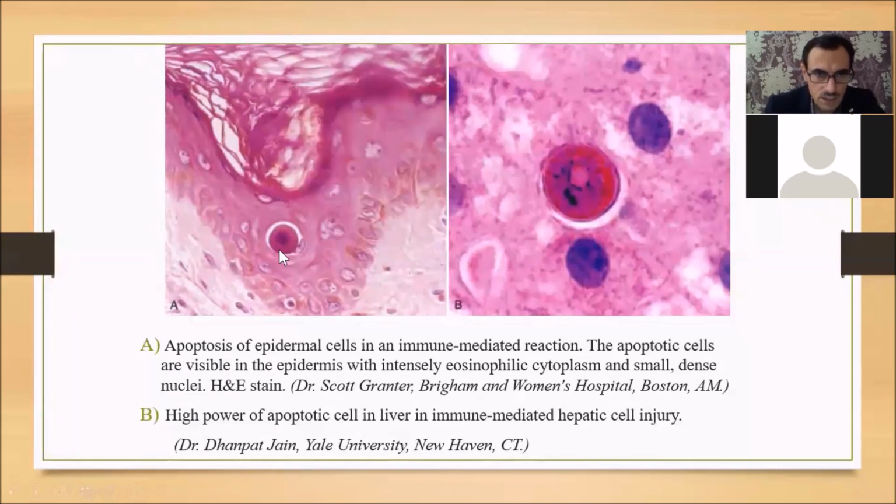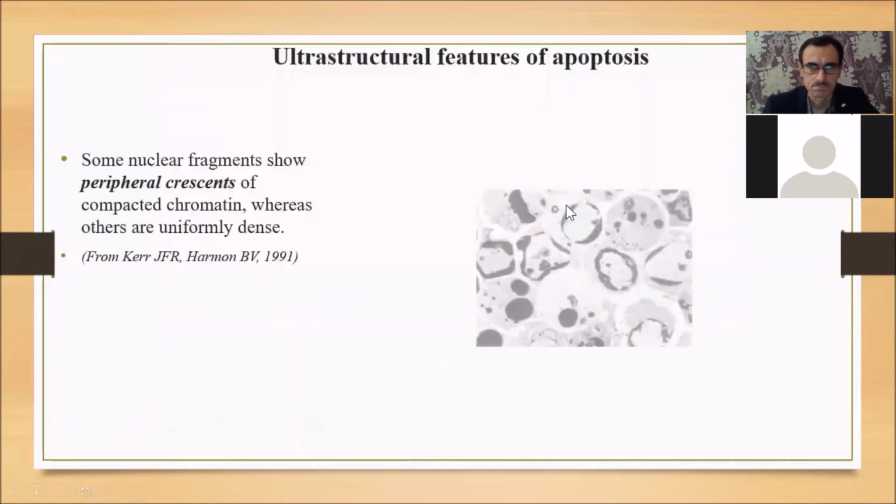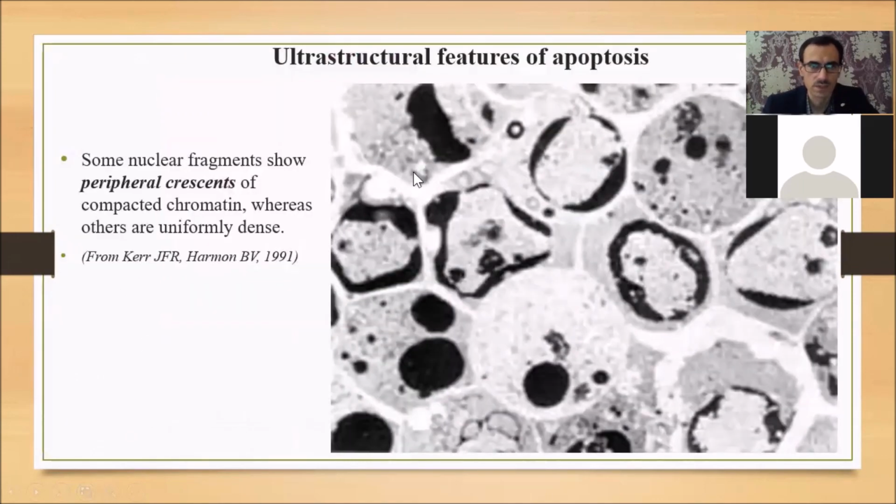You see the apoptosis of one epidermal cell with intensely eosinophilic cytoplasm and small nuclei, and this is a biopsy from the liver, a high power view of the apoptotic cell. And also under the electron microscope we can find peripheral crescents in the cells. This is the compacted chromatin.